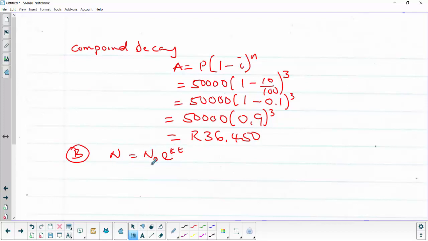Let us take our initial population as 10 million. So we are going to have 10 million, which is the initial population, e raised to power our k, which is minus 0.54.